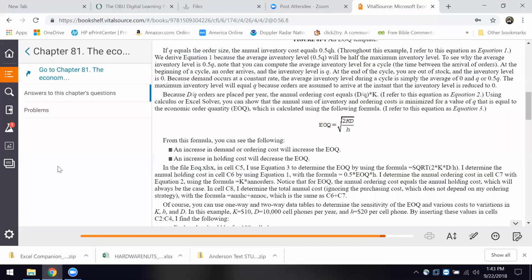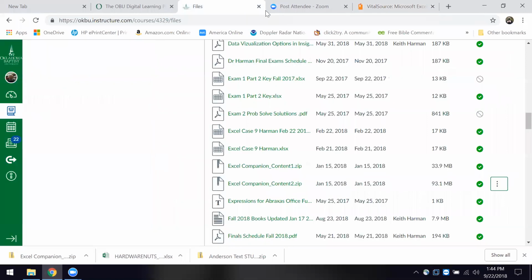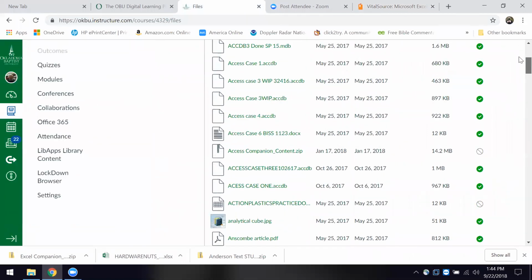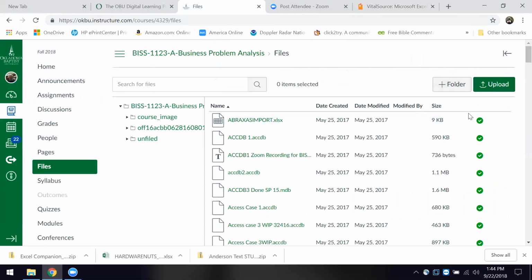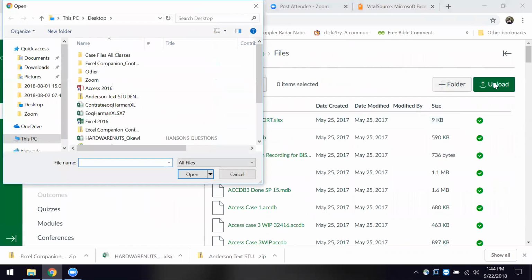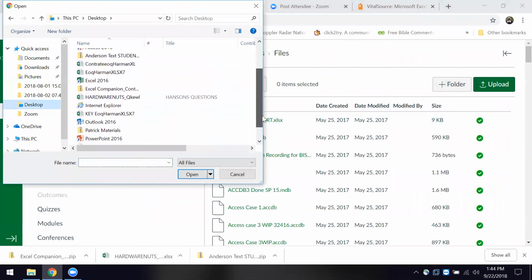And so I'll go back over here into the files section of Canvas. And I'm going to upload that file. I'll find that key down here. There it is.